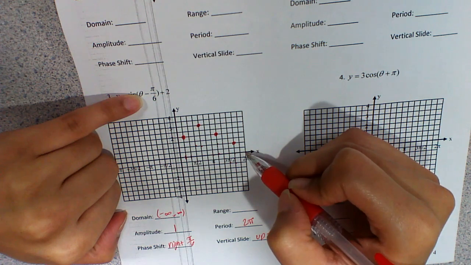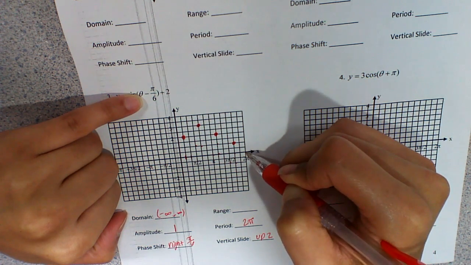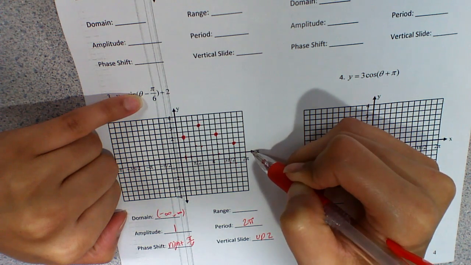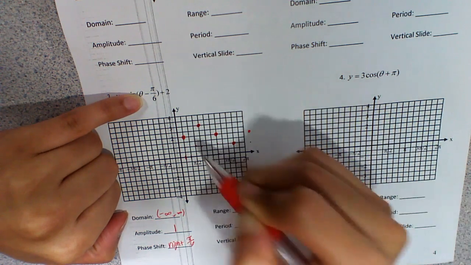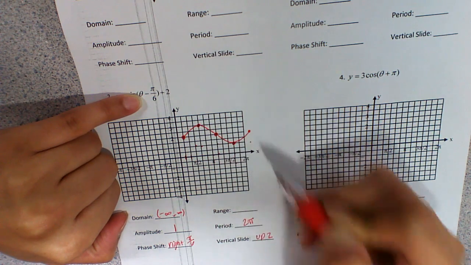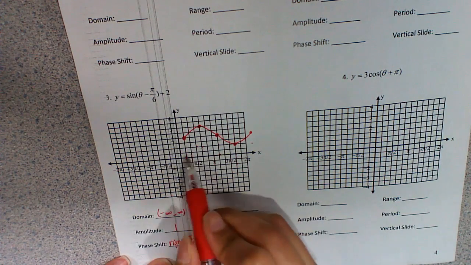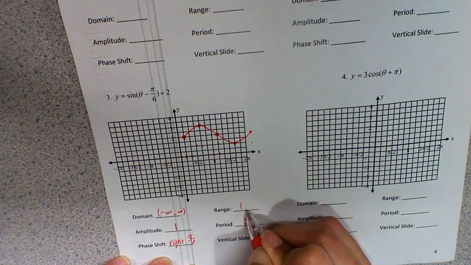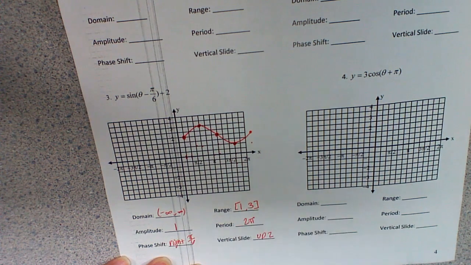And at 2 pi, I normally have a point at 0. I'm going to go to the right pi over 6, that's 1 mark, and up 2. So 1 period of this function is right over there. And so I know now that the range goes from 1 to 3. And there you go.